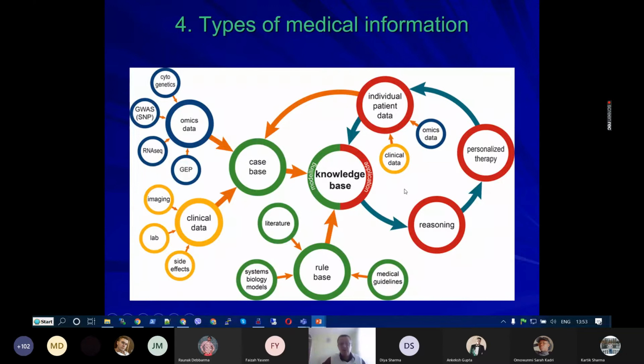And when you resolve an issue with your current patient, it becomes a component of the case base, at least in your own practice. Or if you find something interesting and publish, for example, scientific research describing this clinical case, it becomes available for other physicians as a component of the case base.